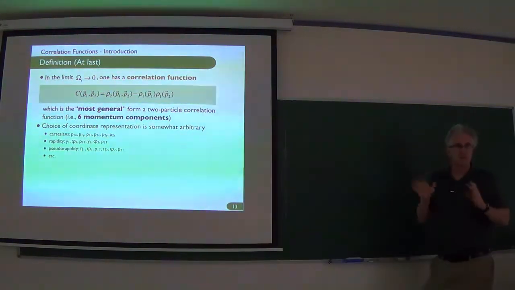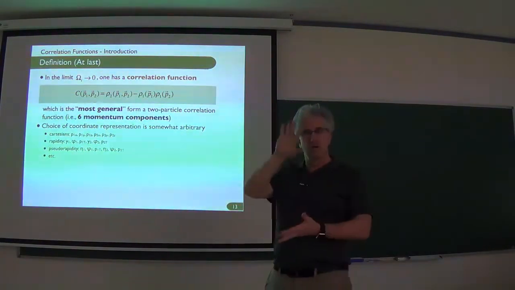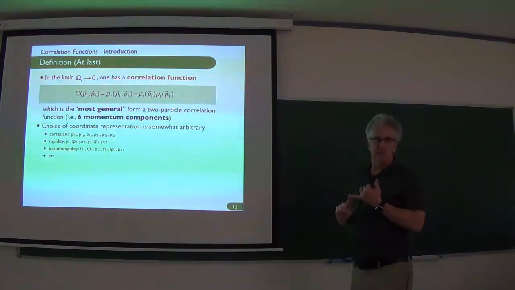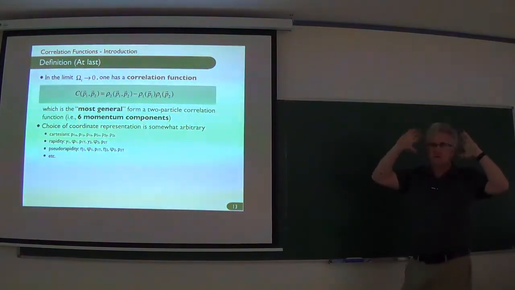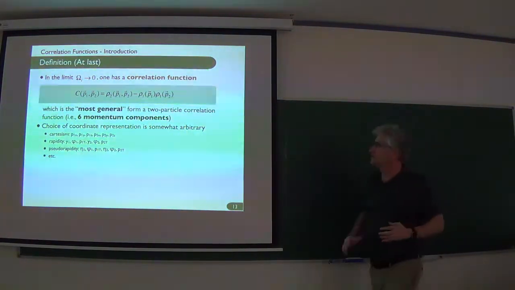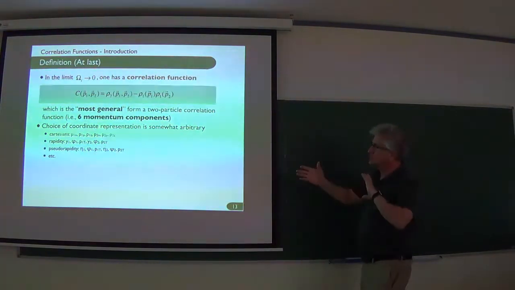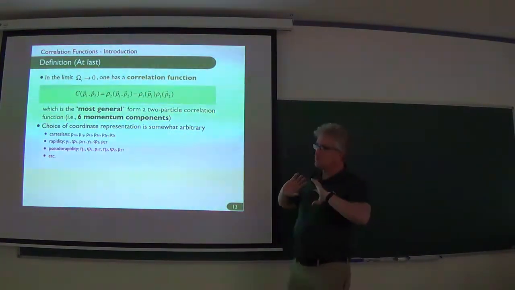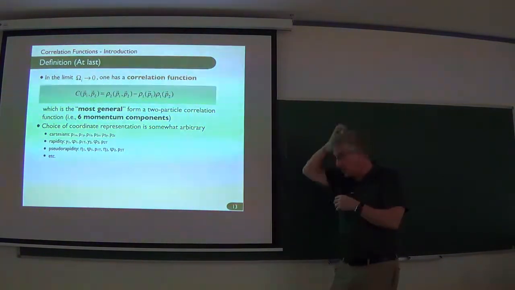And of course, we never look at such quantities, or rarely look at such quantities, because, A, we don't typically have enough statistics. And I don't know about you, but it's very hard for me to visualize anything in 6 dimensions. And so what we tend to do is project these 6 dimensions onto lesser dimension spaces.